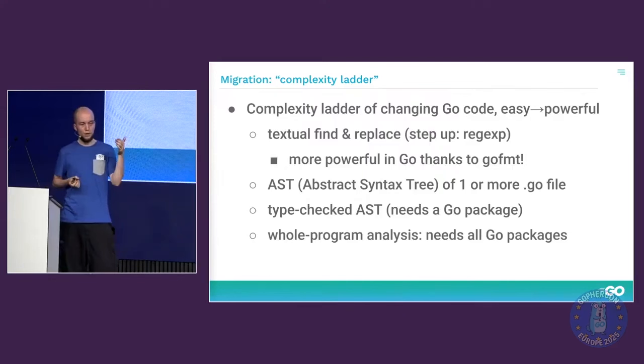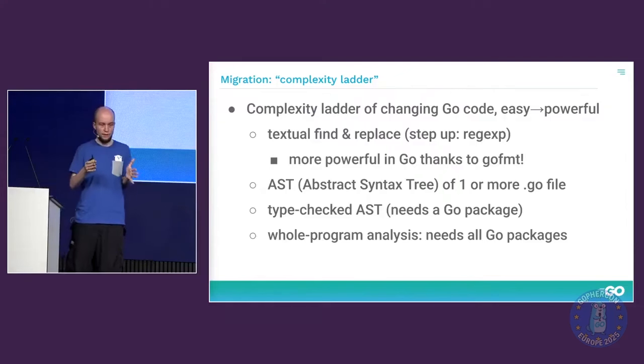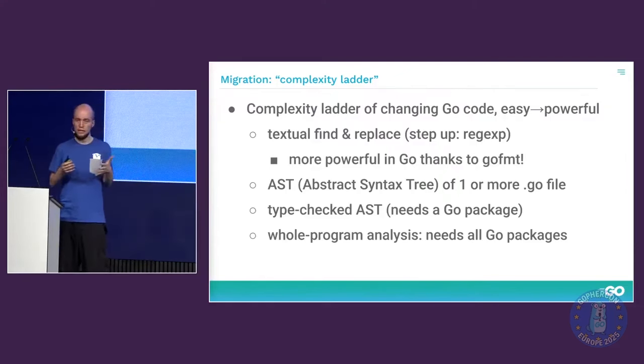So with the Go tooling, you can actually get an abstract syntax tree, or build one rather, of one or more .go files. And all you need is just the file itself, right? So it doesn't even necessarily need to compile. You could still build the AST of it. And this gives you a lot of power, a lot of flexibility. So you could look at parts of the AST and change it.